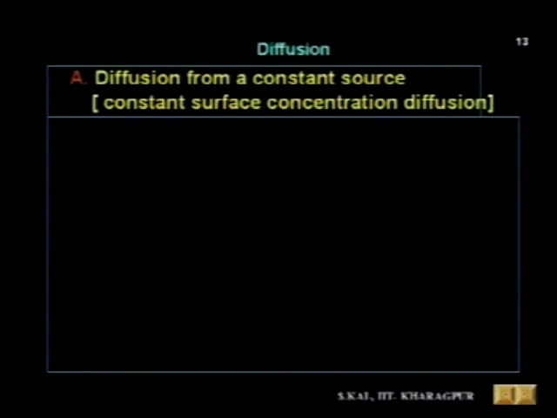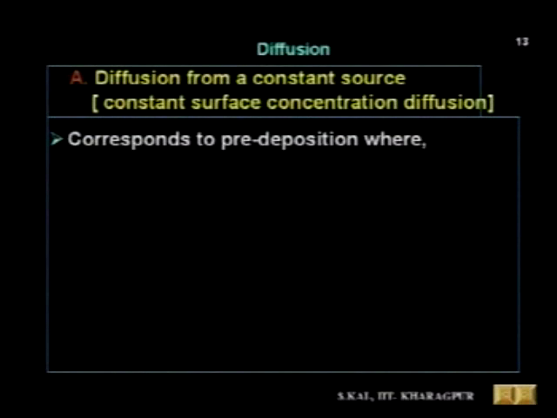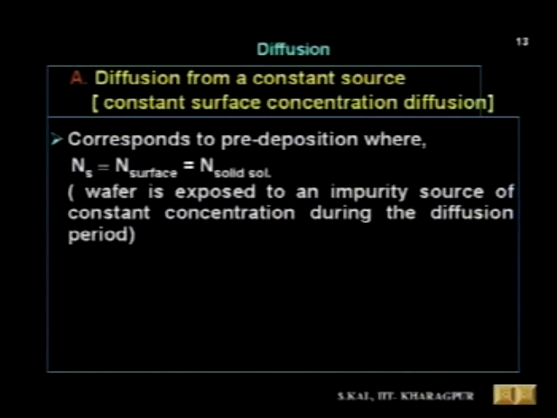That means the dopant source is constant. The concentration of the dopant source is not reducing with time. That's why it's known as the constant source diffusion. And that is the example of pre-deposition diffusion, where Ns, the surface concentration, is equal to N, the solid solubility.